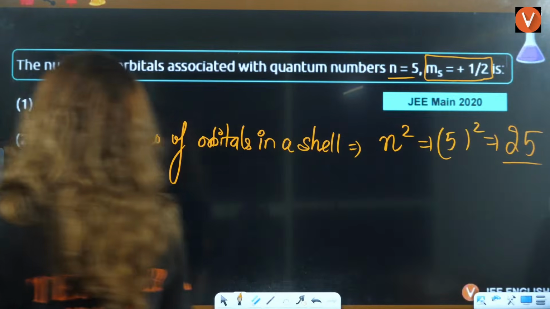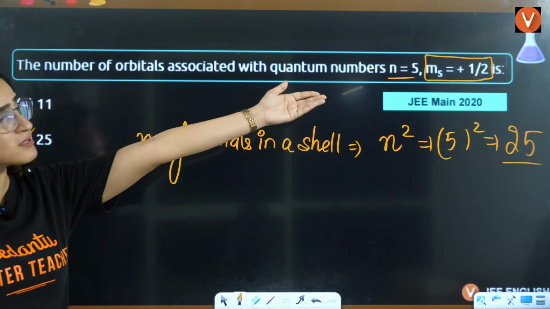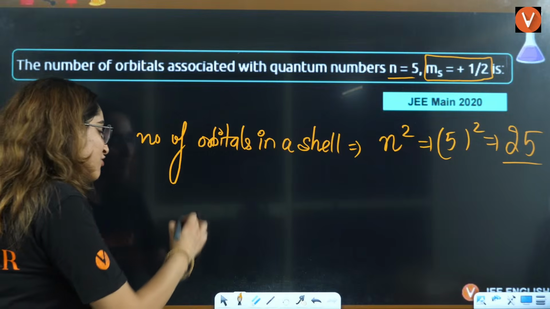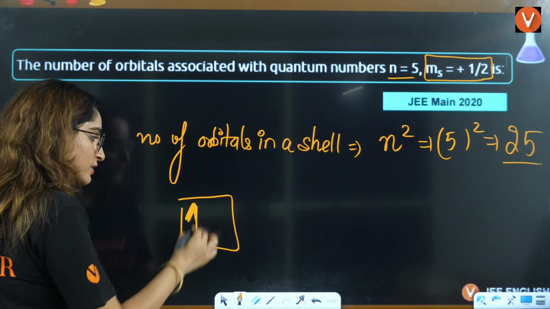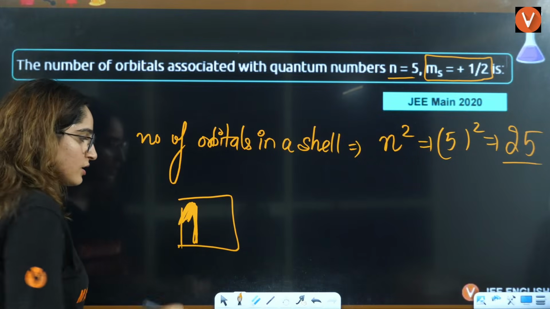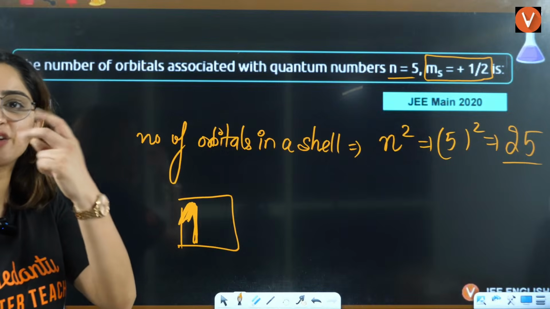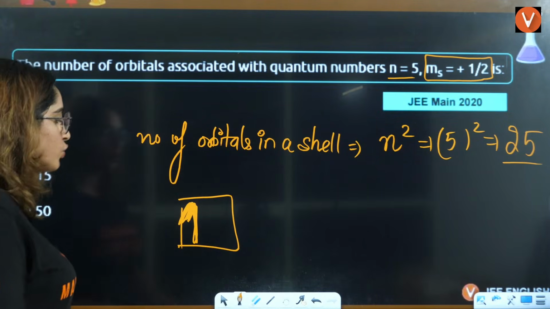Okay. So 25 is going, but you say, ma'am, they have asked ms is plus half. In one orbital, you will have only one electron that is plus half. You won't have two electrons that is plus half. In one orbital, there are two electrons.